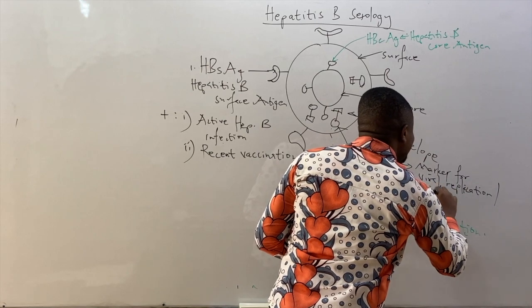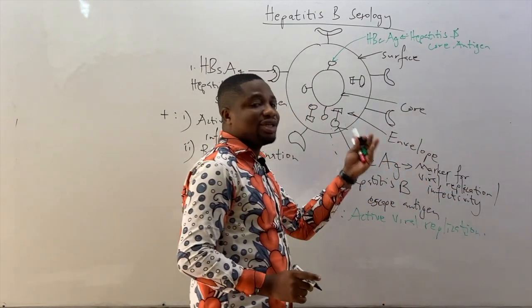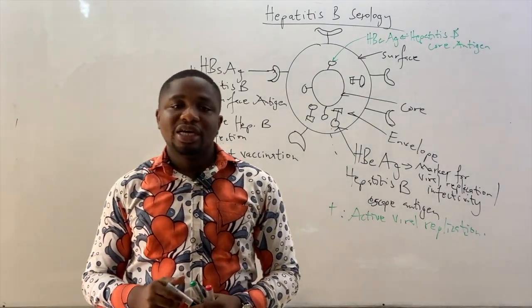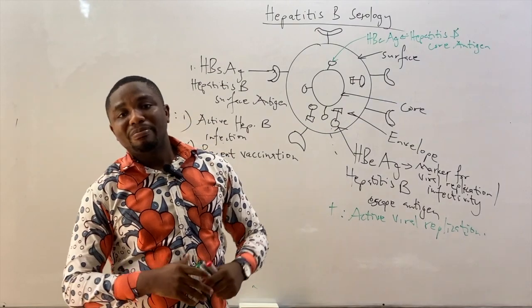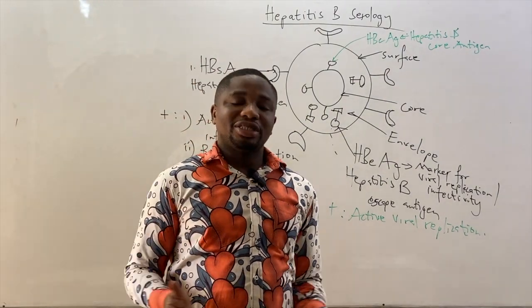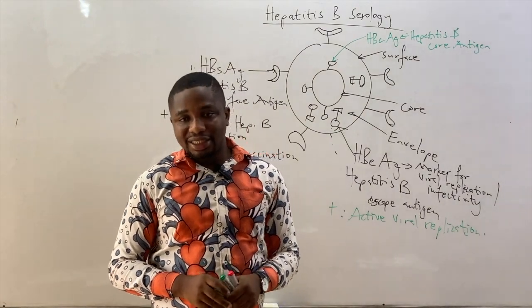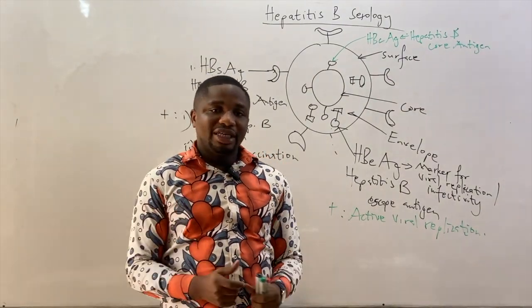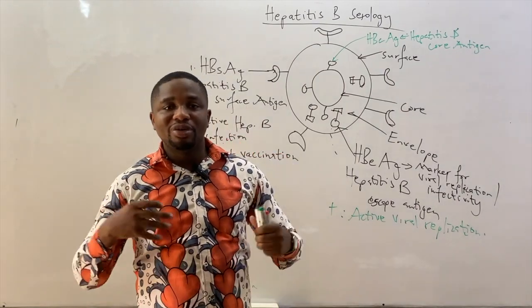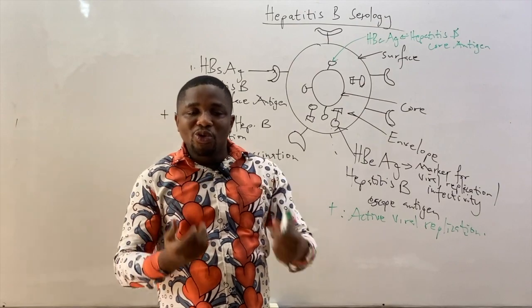or infectivity. So if you go for any exam and a question is asked about the hepatitis B virus and the marker for viral replication, then you should think of what? Hepatitis B e antigen. If it is positive, it tells you that the hepatitis B virus is actively replicating, actively reproducing, actively making new copies.